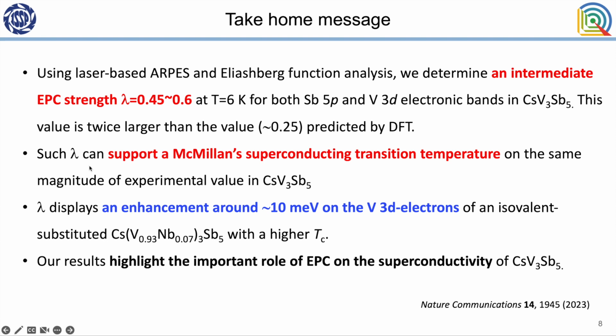Such an electron-phonon coupling can support a McMillan superconducting transition temperature on the same order as the experimental Tc. The electron-phonon coupling also displays an enhancement around 10 meV on the vanadium 3d electrons of the isovalent substituted CVS superconductor with a higher Tc. Our results together highlight the important role of electron-phonon coupling on the superconductivity of CVS.